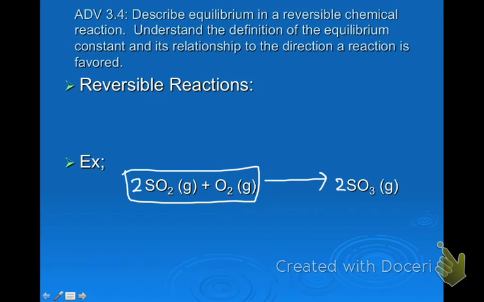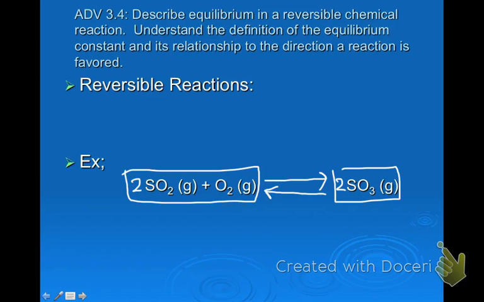But as soon as some SO3 is made, it is going to start decomposing back into SO2 and O2. And so what you have is a reversible reaction, one that is occurring both forward and backward at the same time.